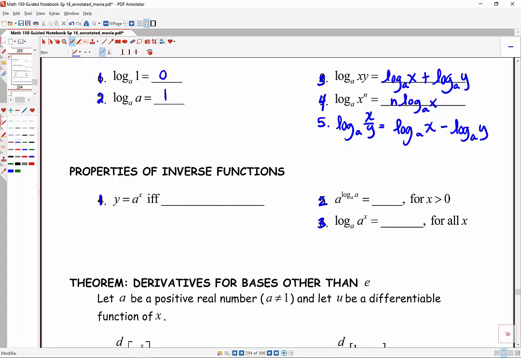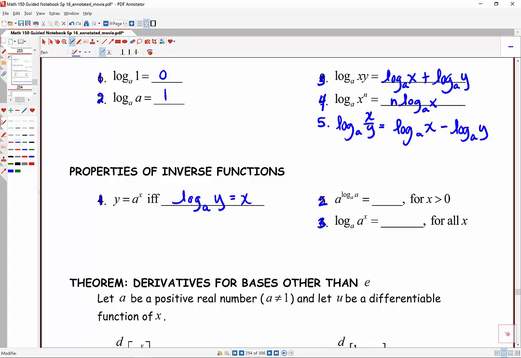So properties of inverse functions, y is a to the x if and only if, that's what the IFF stands for. So basically you write log, that's the first step, right? Your base is a, right? And then a logarithm is an exponent, which was x, right? And what's left is the y, okay?